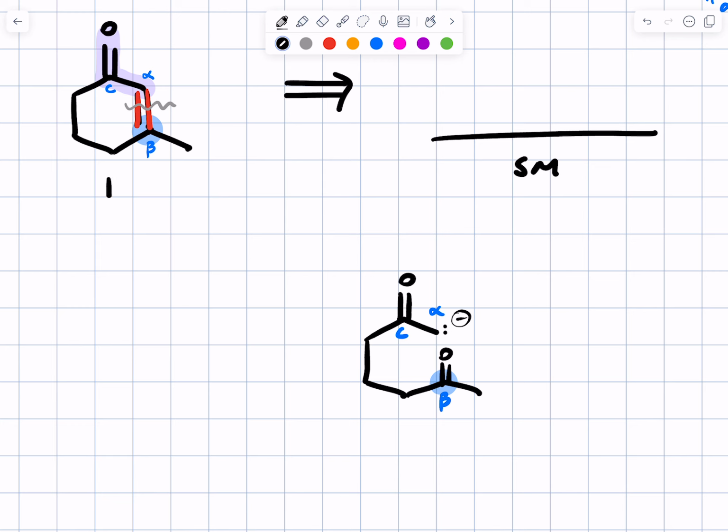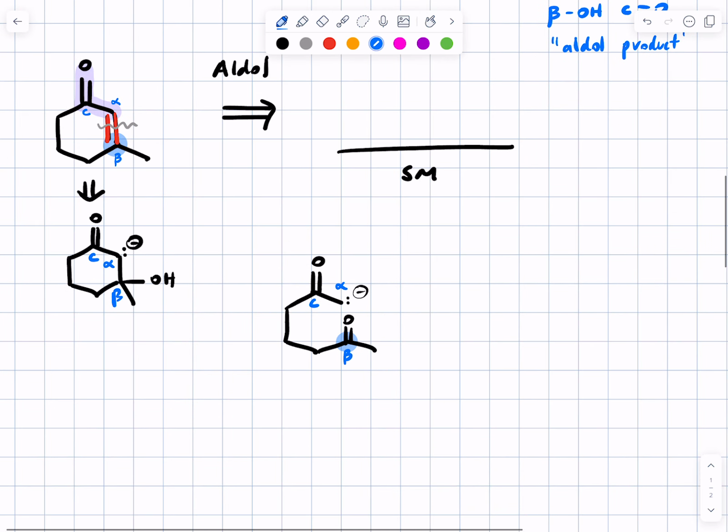If you want to think backwards just one step, the intermediate that's previous to the alpha beta unsaturated carbonyl compound is this one, where you have an OH on the beta carbon. Because remember, the OH is the one that gets kicked off in that final step.